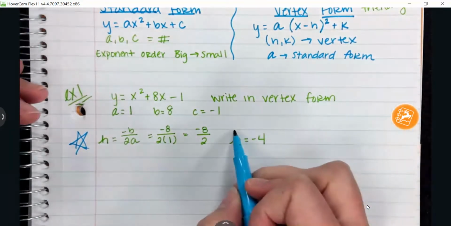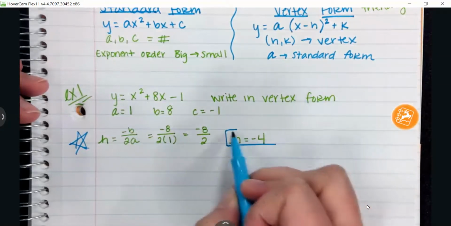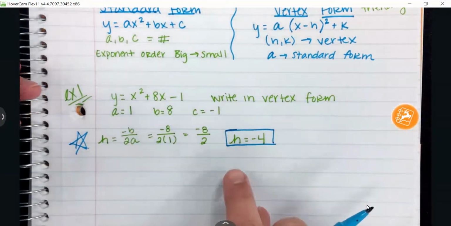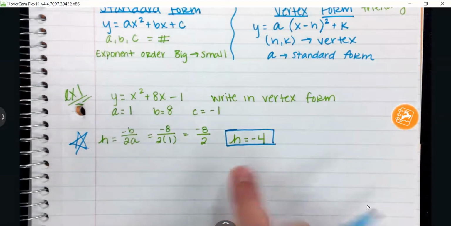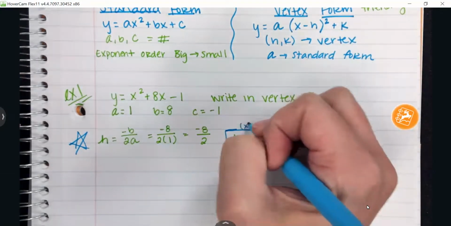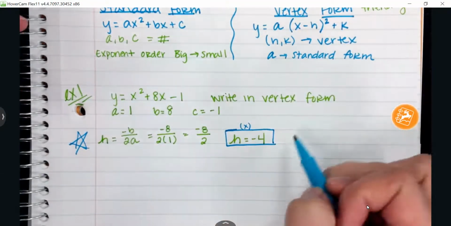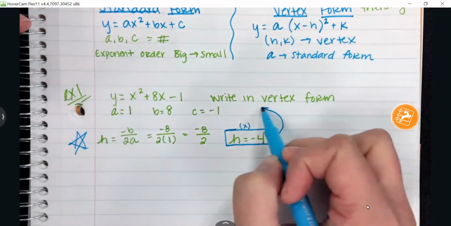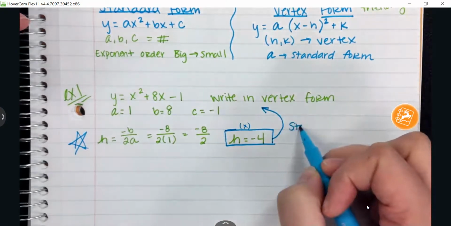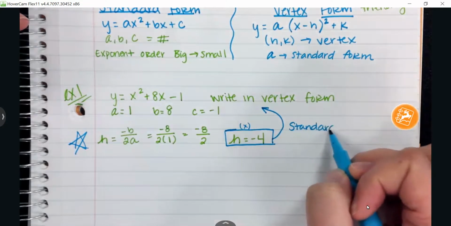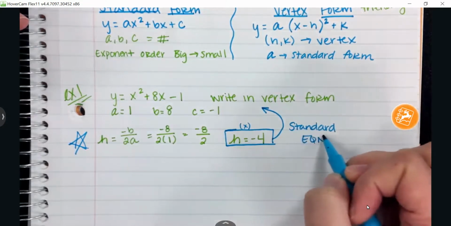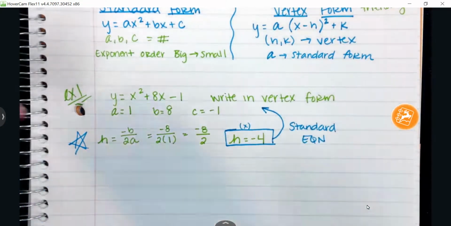I am going to take this negative 4, because what did you say H stood for? What letter? It really stands for X, right? I'm going to plug that in to my standard equation. Everywhere I see the letter X, I'm going to plug that in.